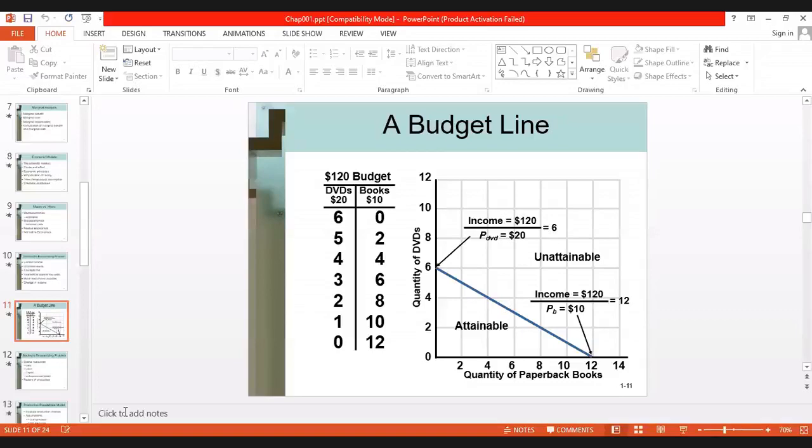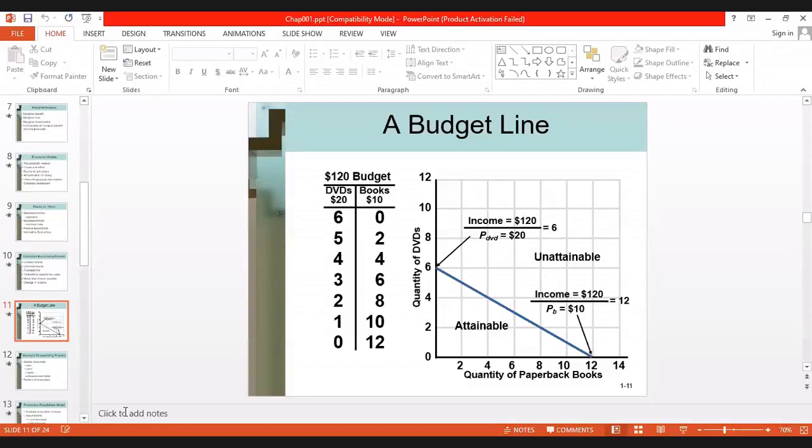On the budget line or inside the budget line, you can purchase. Your income is enough, so those combinations of books and DVDs you can attain. But beyond that budget line, your $120 is not enough to buy those combinations of commodities.